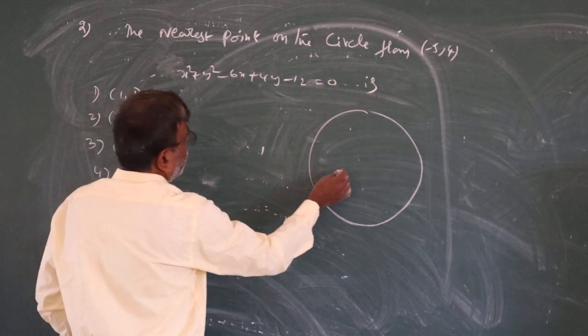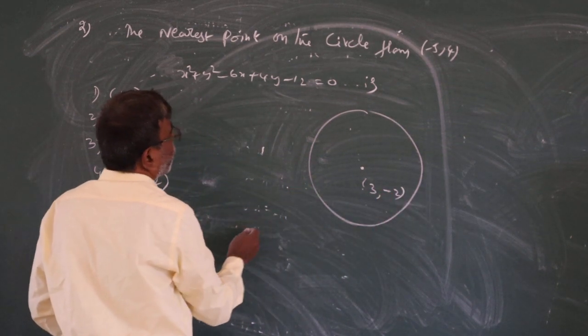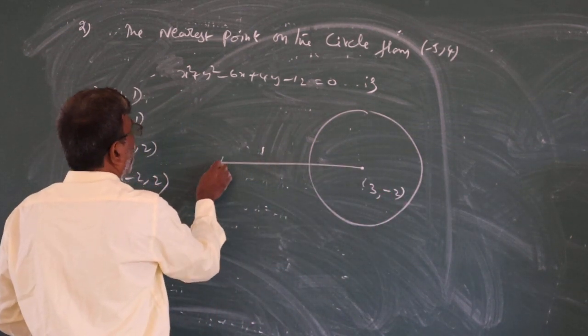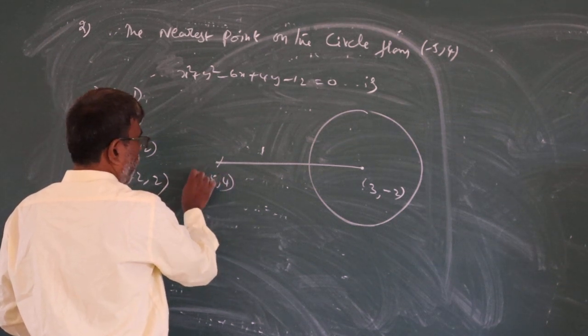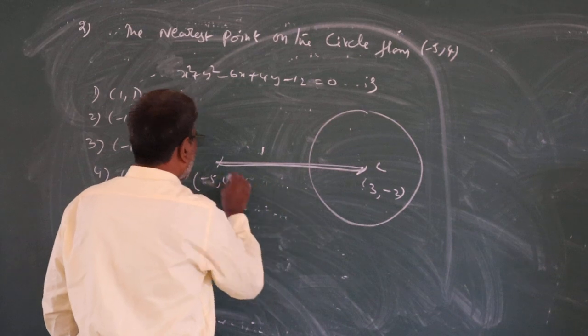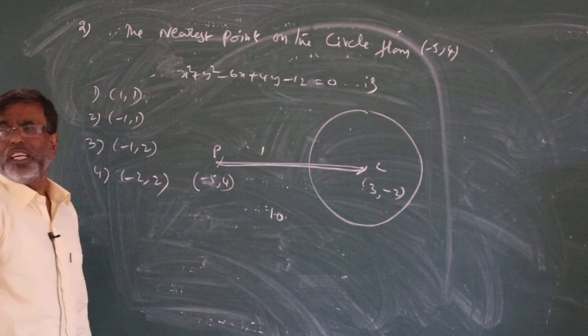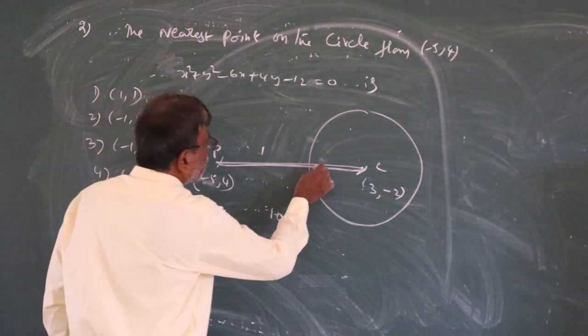So the center is nothing but (3, minus 2). The point is given as (minus 5, 4). This distance CP, this is C, this is P. If you find this distance, it is nothing but 10. So what is the radius now?